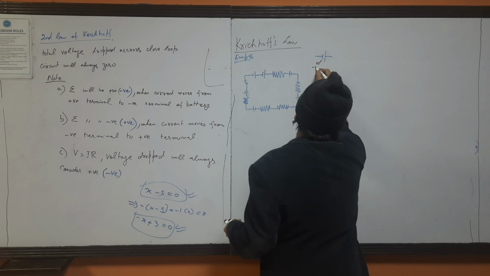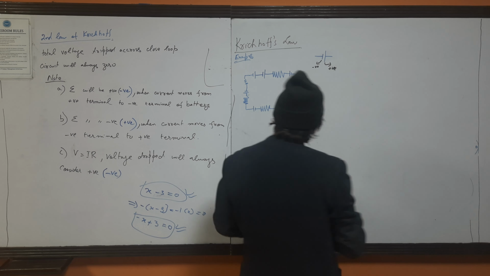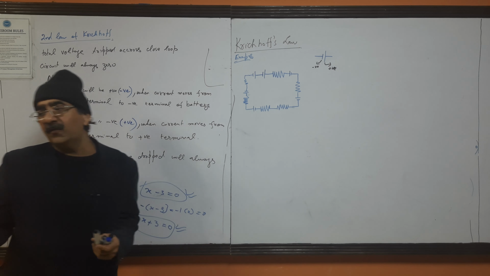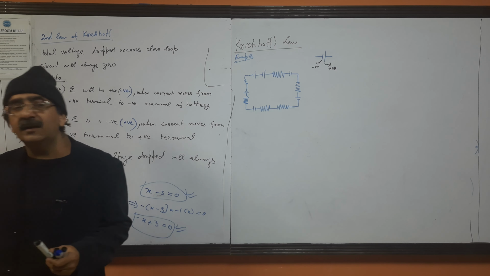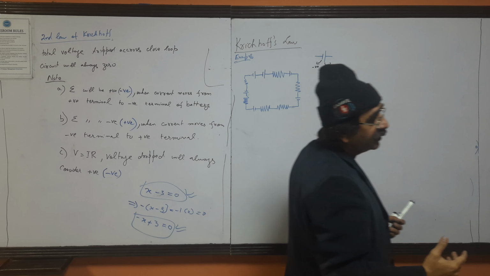This will be negative and this will be positive. Now it's up to you. You may consider clockwise or you may consider anti-clockwise. So it is a choice up to you.